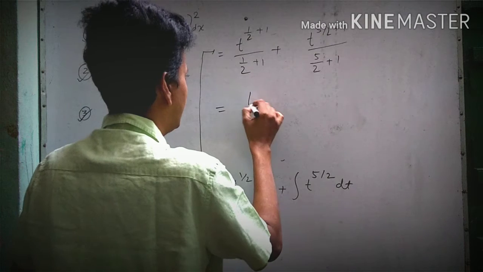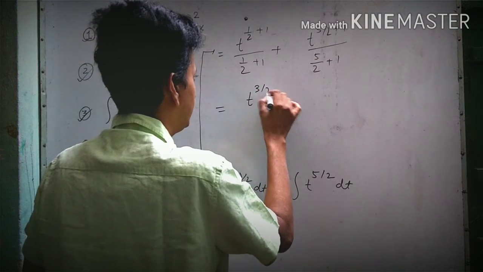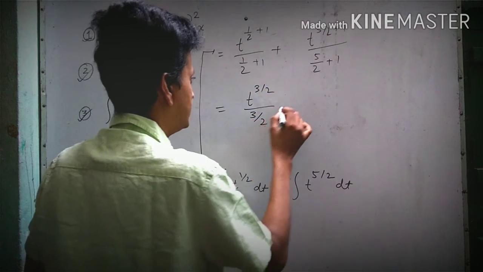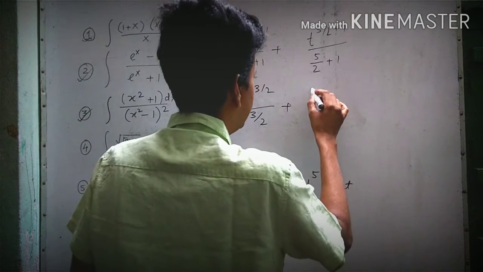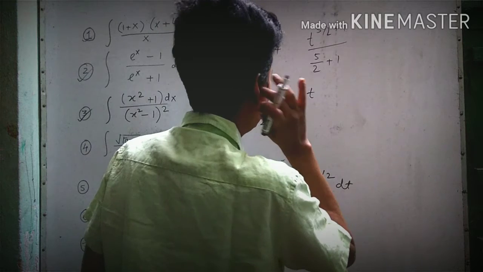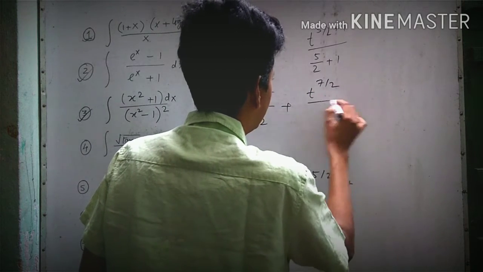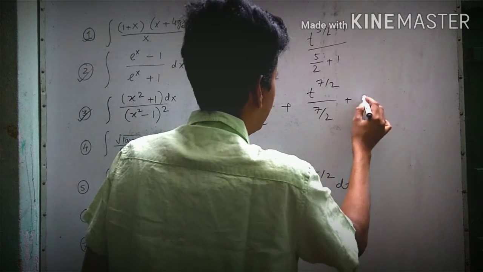That is t to the power 3 by 2 by 3 by 2 plus t to the power 7 by 2 by 7 by 2 plus c.